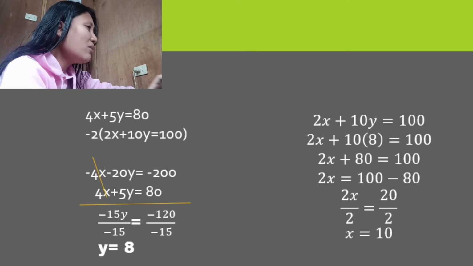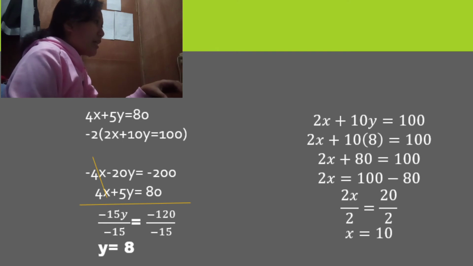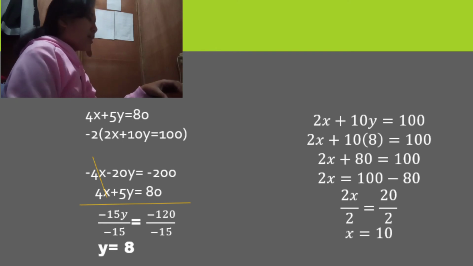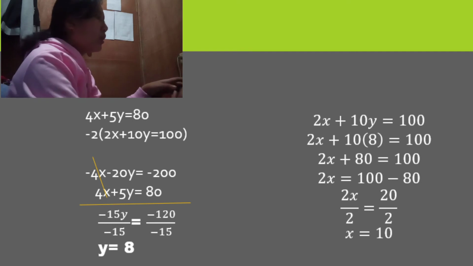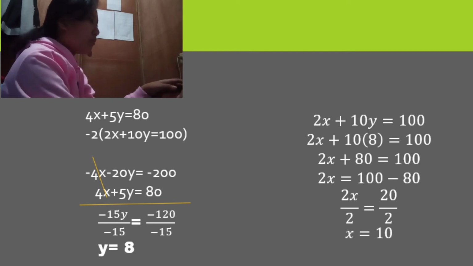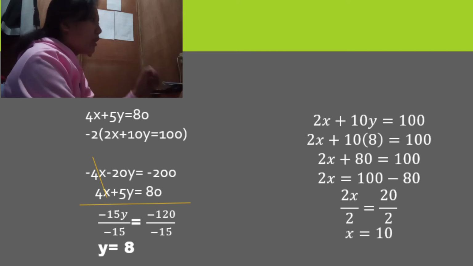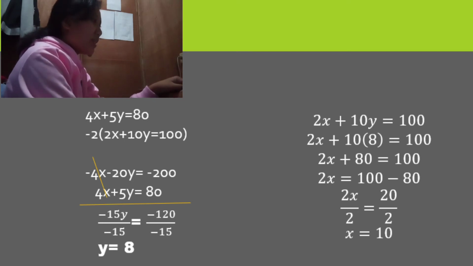Bring down the first equation, which is 4x plus 5y is equal to 80. The 4x cancel out. We add negative 20y plus 5y, which is negative 15y. Then negative 200 plus 80 is equal to negative 120. So we need to divide by negative 15. Negative 120 divided by negative 15, so y is equal to 8. So the value of y is 8.